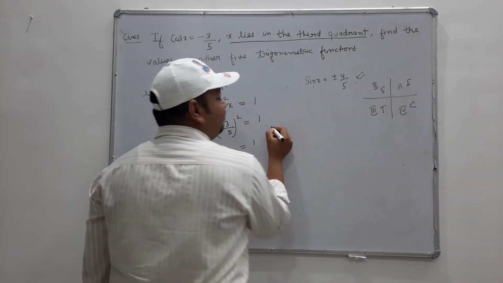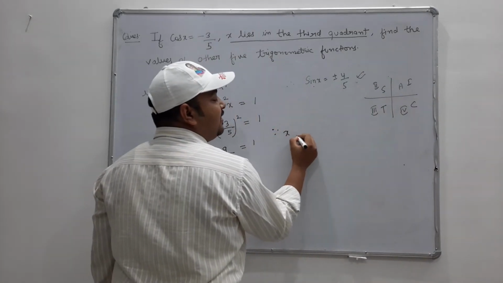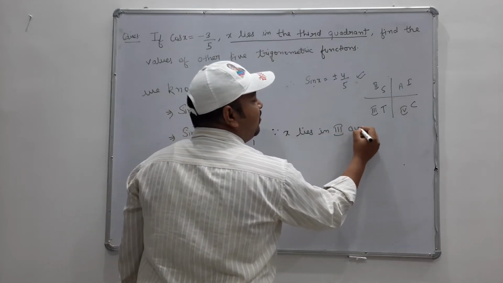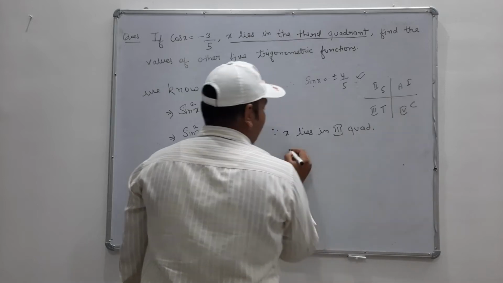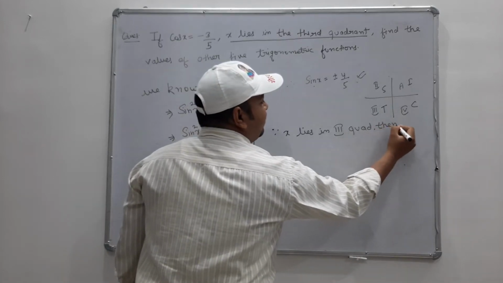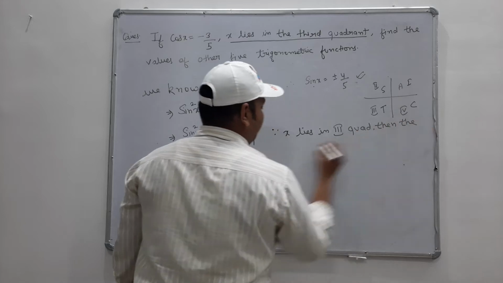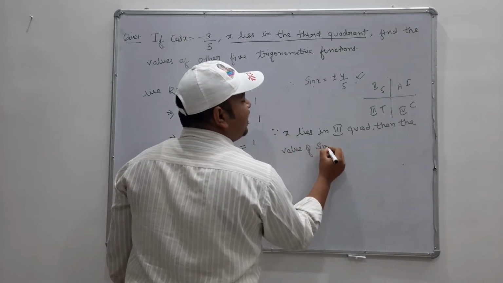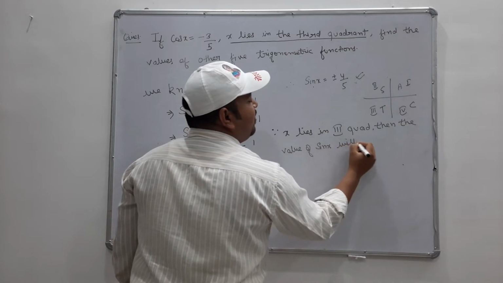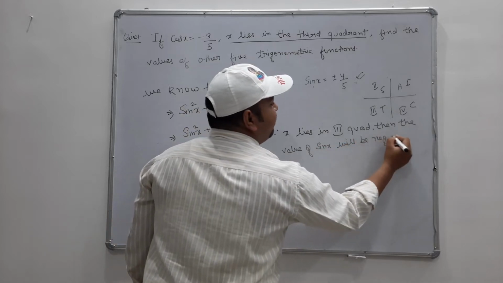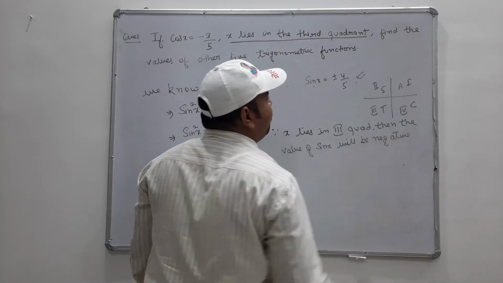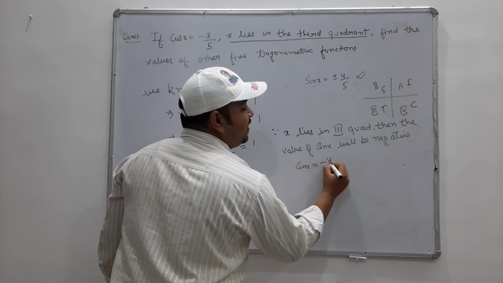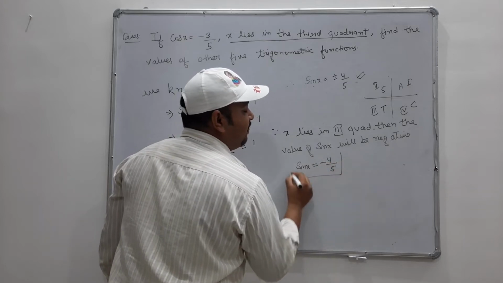So we will write, since x lies in third quadrant, then the value of sin x will be negative. So the valid value is sin x is equal to -4/5. Is that clear?